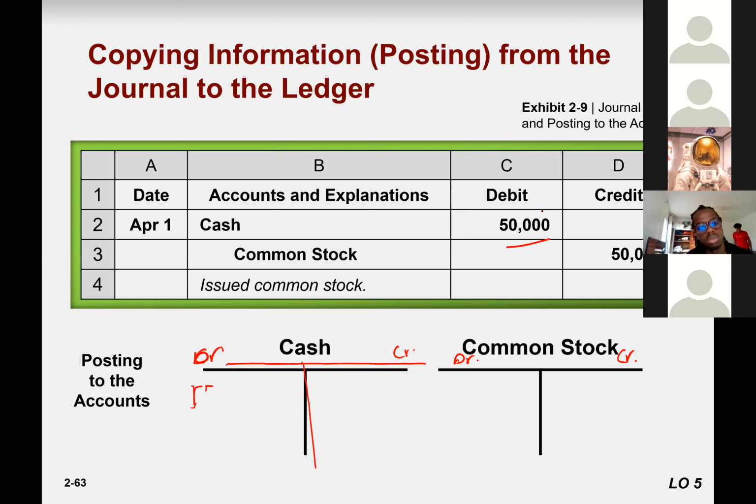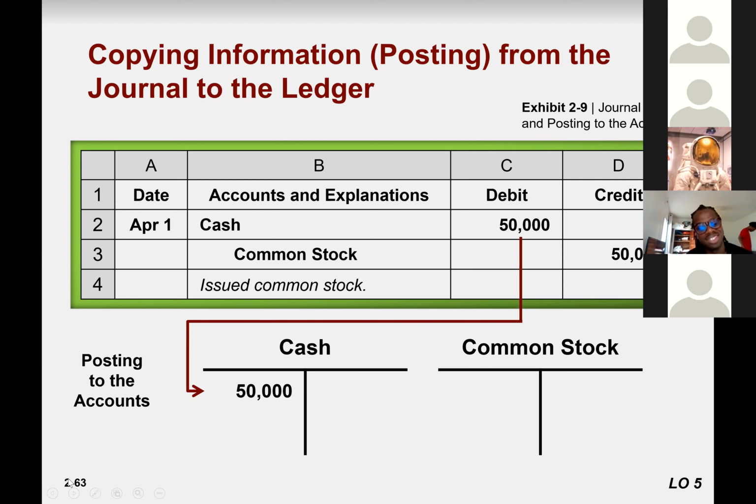Cash is debited. So you just put, you got it? Just put 50,000 on the left hand side. Understand? What about the common stock? Common stock is to be recorded over the right hand side. Here we go. Understand?